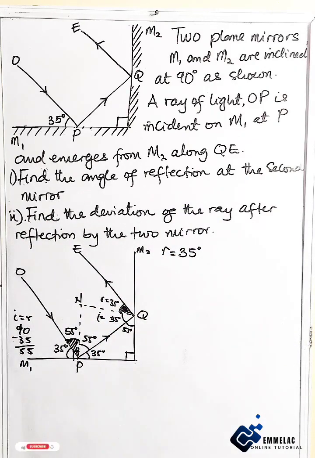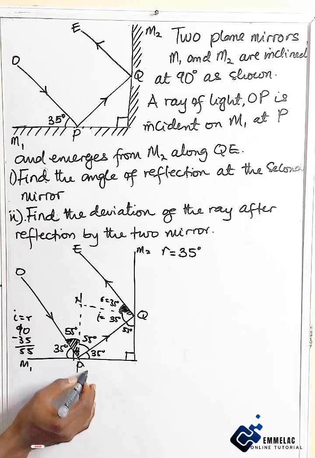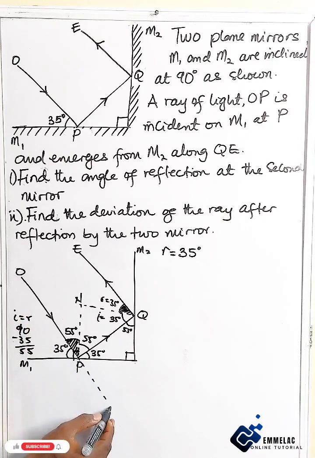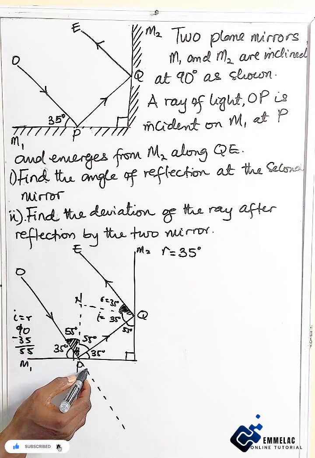Now let us find the deviation of the ray after the reflection by the two mirrors. First, this is the incident ray. Normally this is the path through which this ray is meant to pass without this mirror. So it means it deviated from here down to this part.